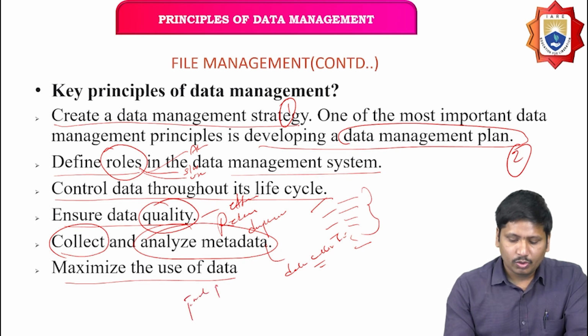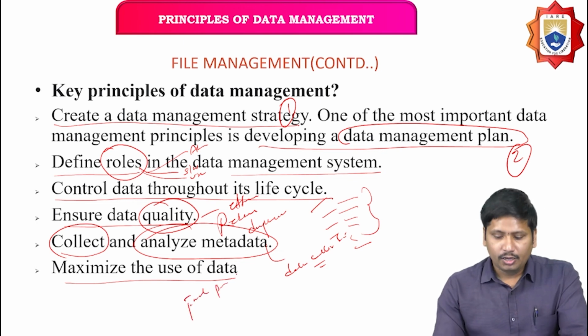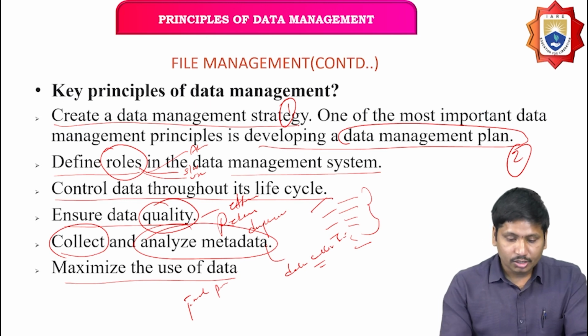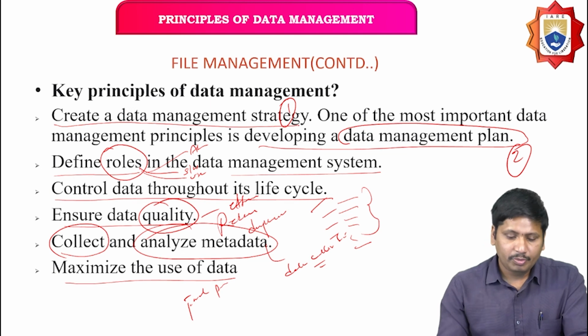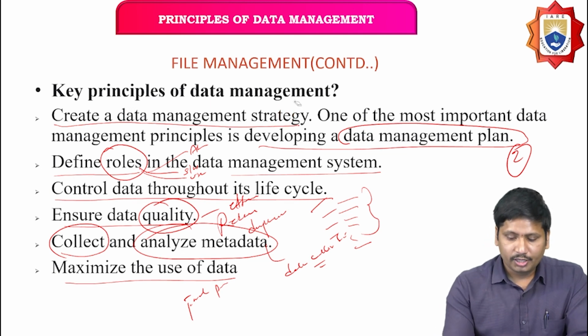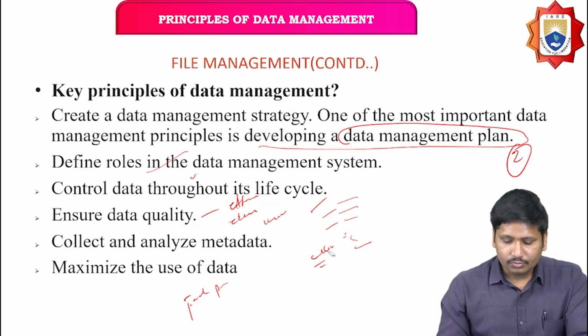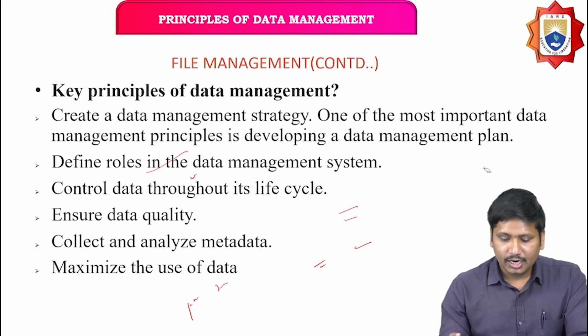So that is the final principle you have to follow for data management. So what are the key principles of data management? First, we have to create the data strategy. Once the data strategy is established, then we have to identify the data plan here.